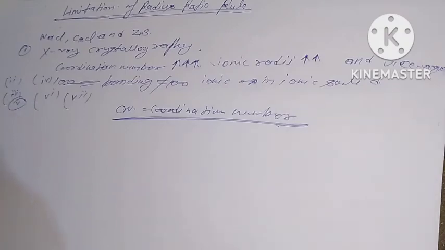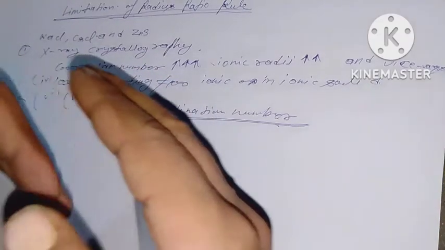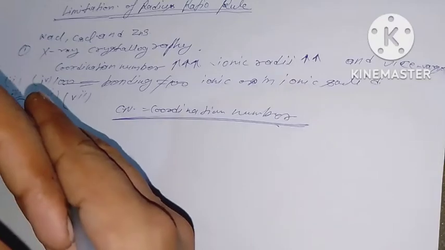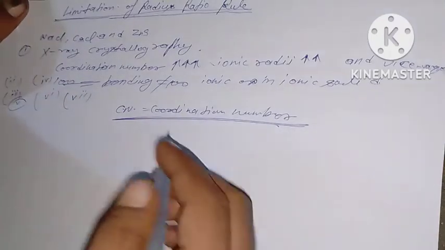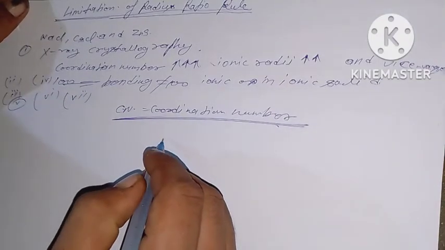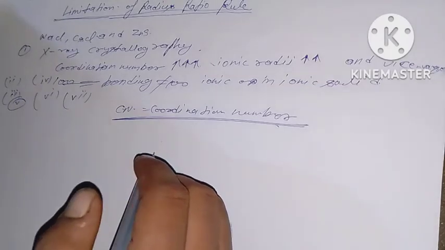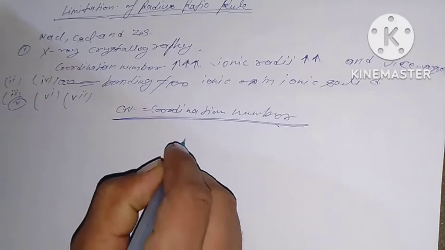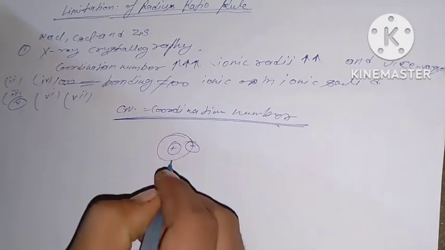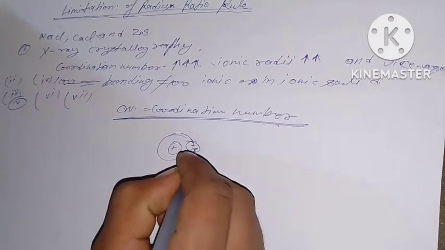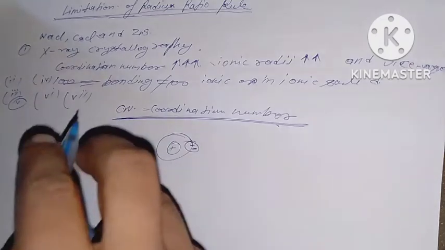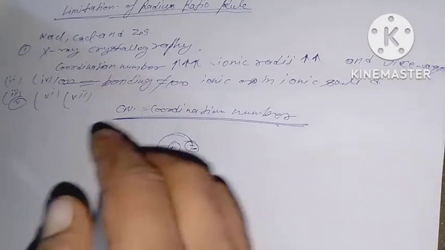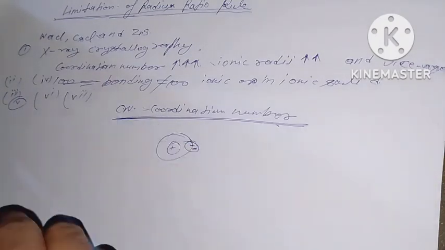In ionic solid, cations are surrounded by anions and vice versa.